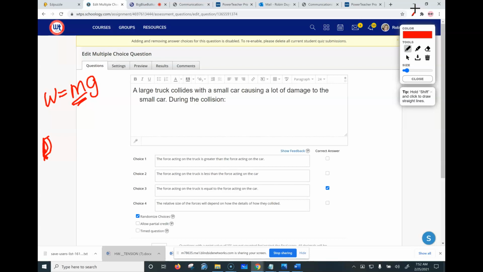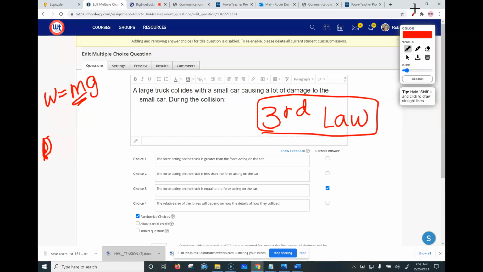All right, so this is all about the third law. When we were doing a review, remember that sentence I told you? Go back and look in your notes for where I said all you need to do is switch out the 2 objects. You're going to have 2 objects.